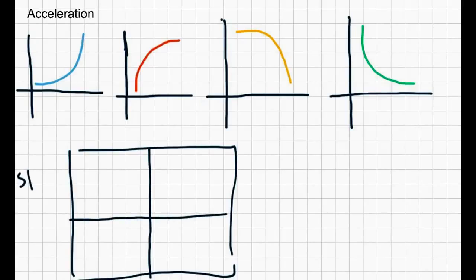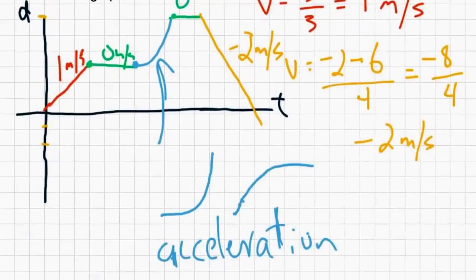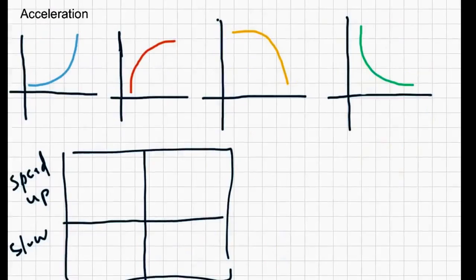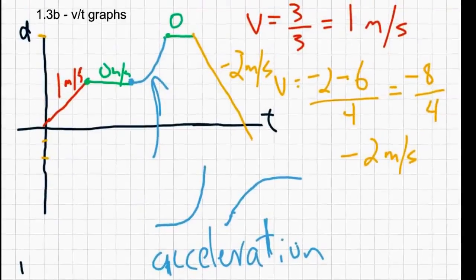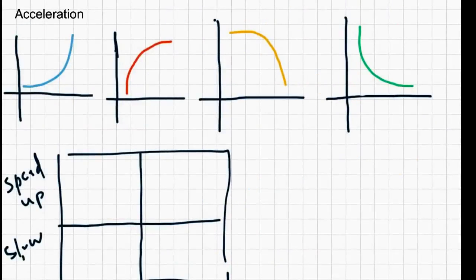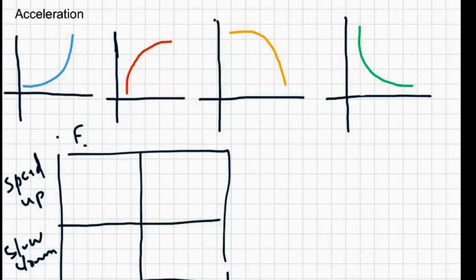So if we do speed up or slow down, that's our 2 options. And then we'd have forward and backwards would be our direction. So let's assume forward is our positive direction and backwards would be our negative direction.